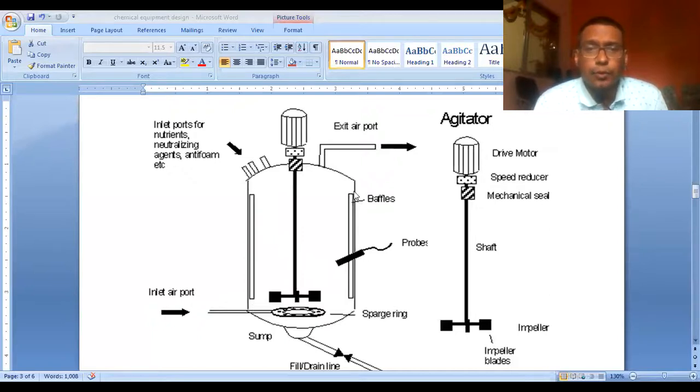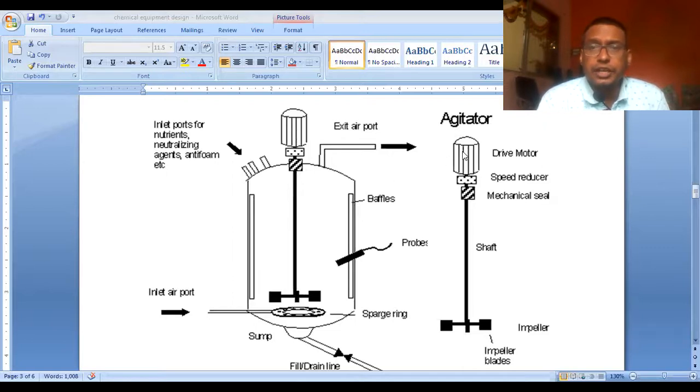This incorporates the metal wall or the cylindrical shell of the vessel, the head of the vessel, then certain inputs and certain outputs to be considered, then the impeller and the agitator plus the motor.